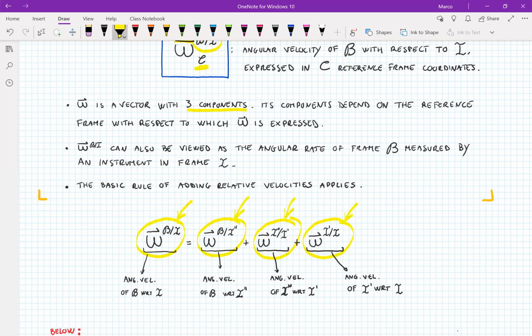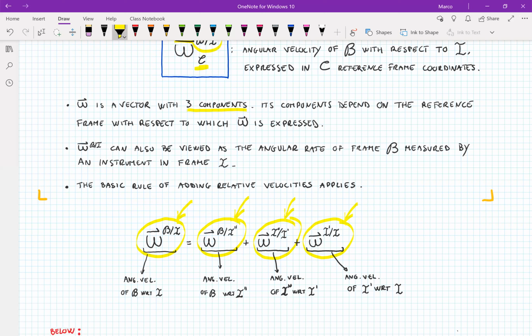So the three angular rates on the right-hand side of this equation are just relative velocities, so relative angular velocities. So you can use as many intermediate reference frames as you wish. In this case, I've used 2 extra reference frames. And why is that?